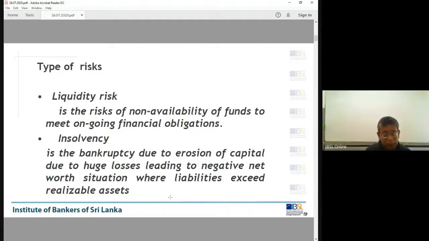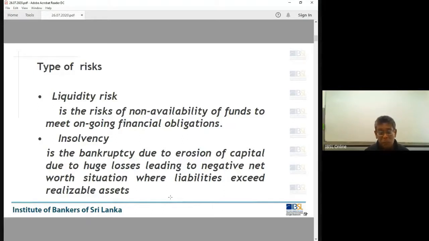And the next one, within the same category, we call insolvency. How does a bank face insolvency? It is bankruptcy. The bank is going to go bankrupt due to erosion of capital, if you don't have much capital. That means your liabilities are exceeding your realizable assets.